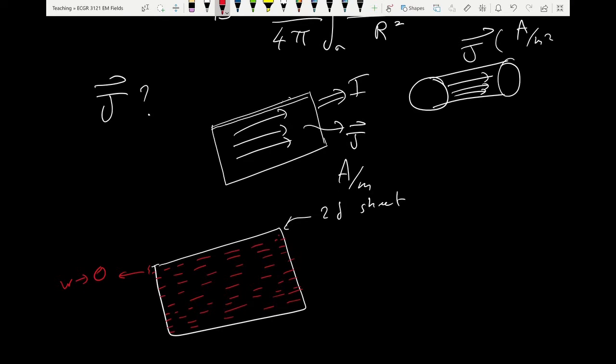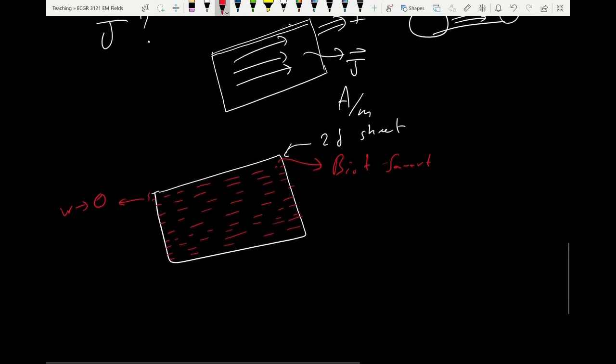And for each of those filaments, we can apply the Biot-Savart law, right? And then individually, what do we do after we find the field due to the Biot-Savart law for one filament? As usual, we integrate, we sum over the whole sheet, right?